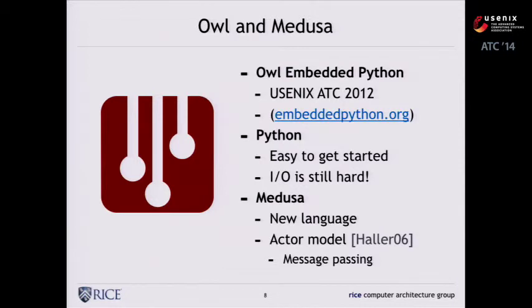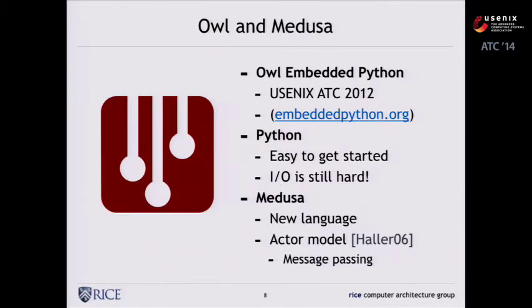So we've developed Medusa, which is detailed in great detail in the paper, and it's a variant of Python that adapts the actor model of programming and message passing for managing concurrency on microcontrollers.